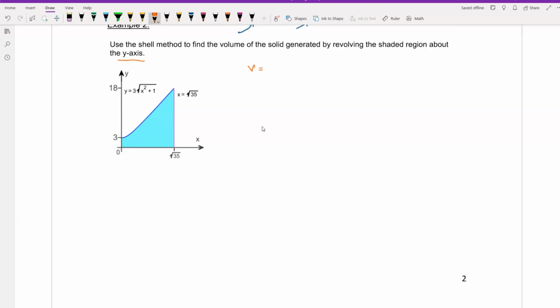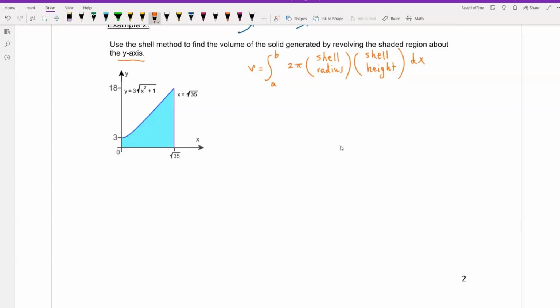So volume is equal to the integral from a to b of two pi times shell radius times shell height times dx. This is the volume of the region revolved above a line parallel to the y-axis.